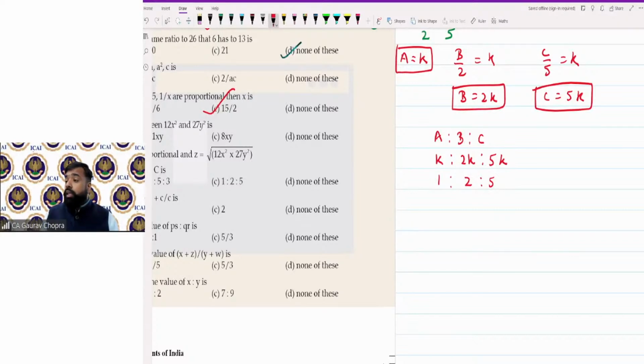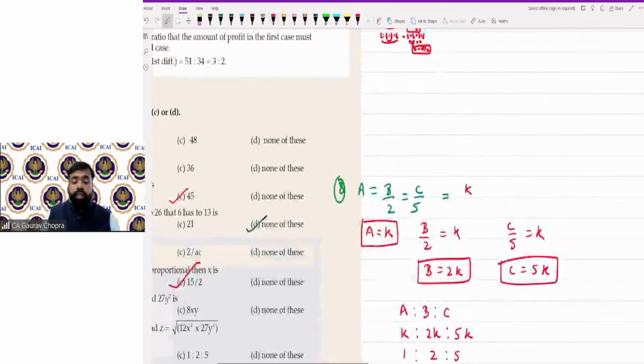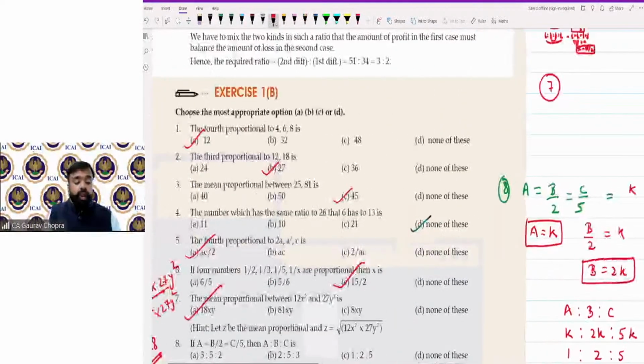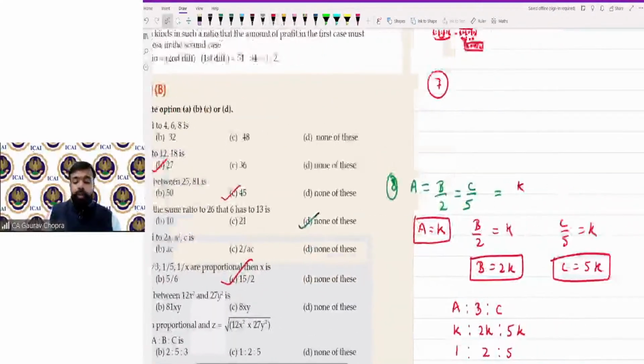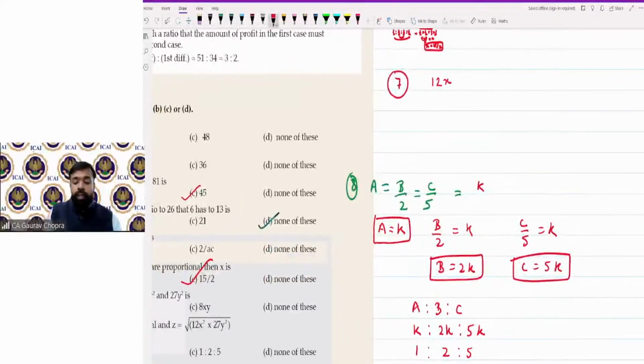Then Sanya is asking about question number 7. See, in question number 7, you have to find the mean proportion. Mean proportion का मतलब है middle value आपको calculate करनी है. So 12x square is the first value. Second आपने assume किया z, and third value is 27y square.